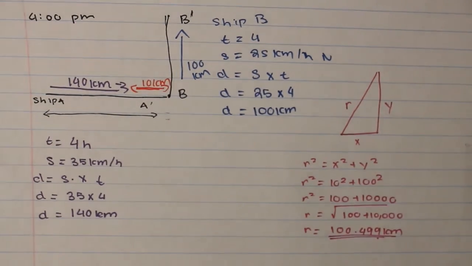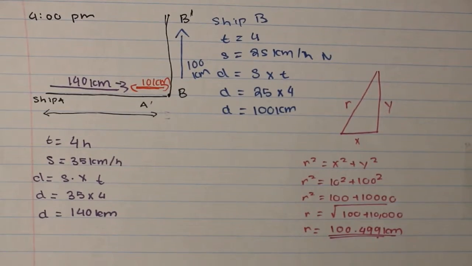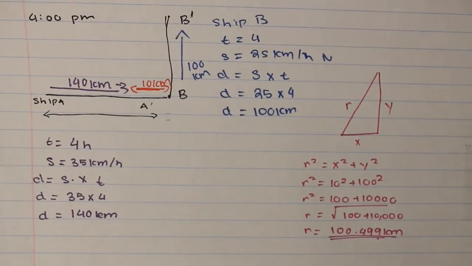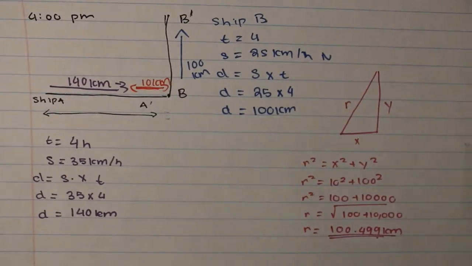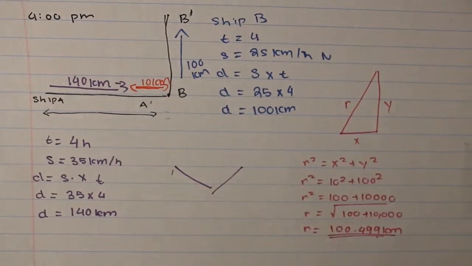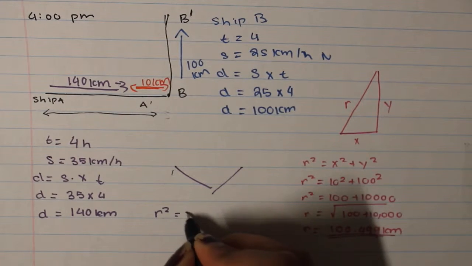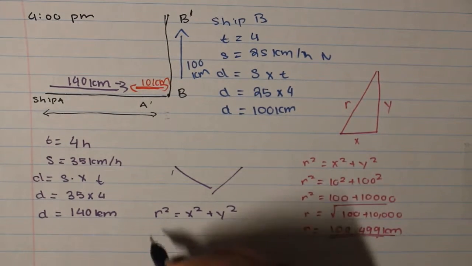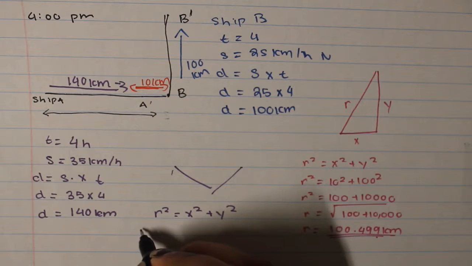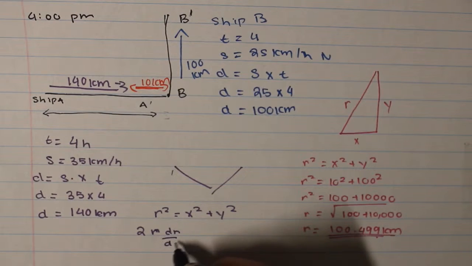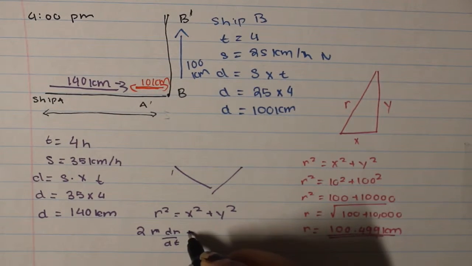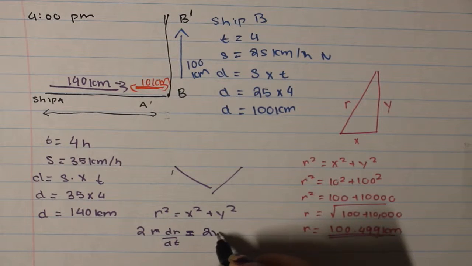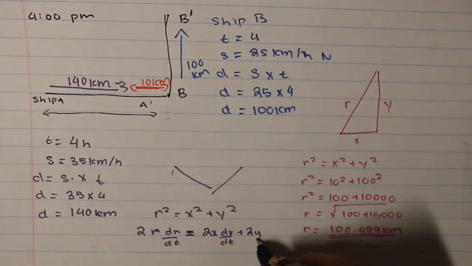There you go. After that, we can now derive the equation that we use to find the r. So basically, you differentiate the Pythagorean theorem. Taking r squared is equal to x squared plus y squared, if I were to differentiate it, it's going to be equal to 2r dr over dt is equal to 2x dx over dt plus 2y dy over dt.